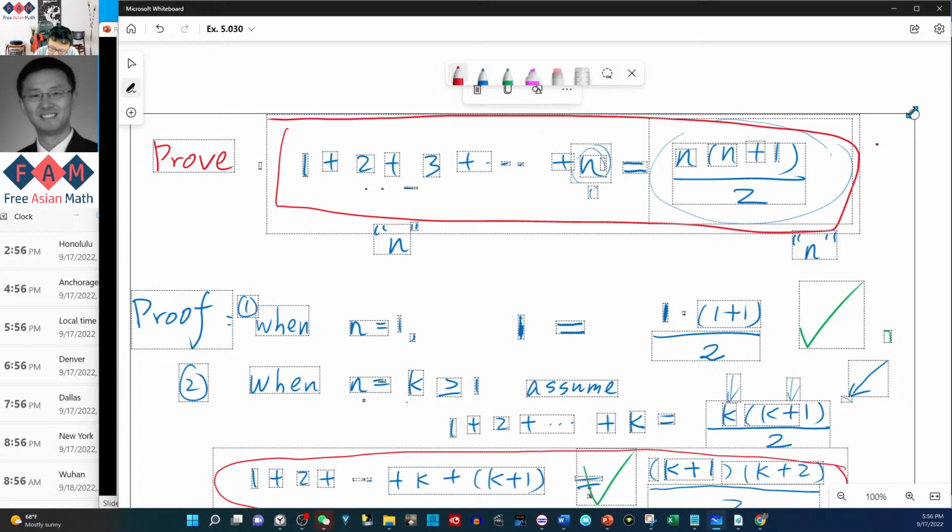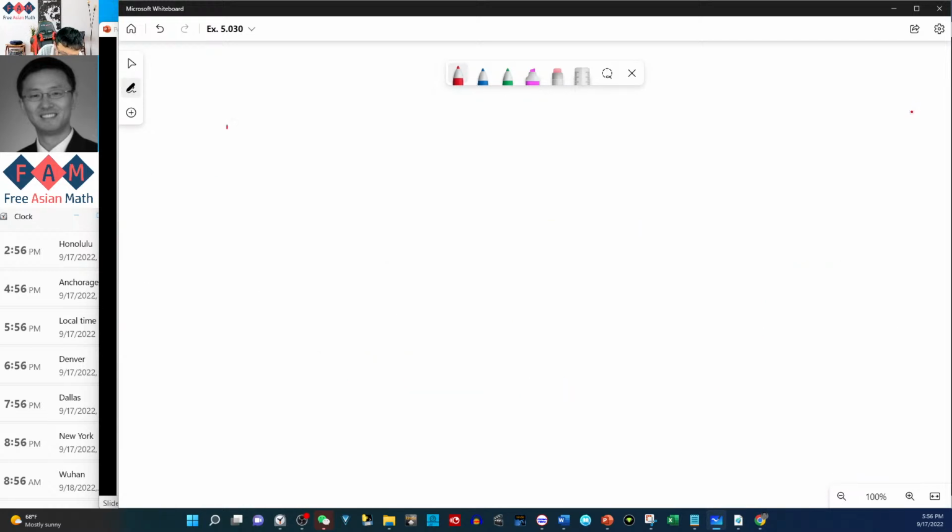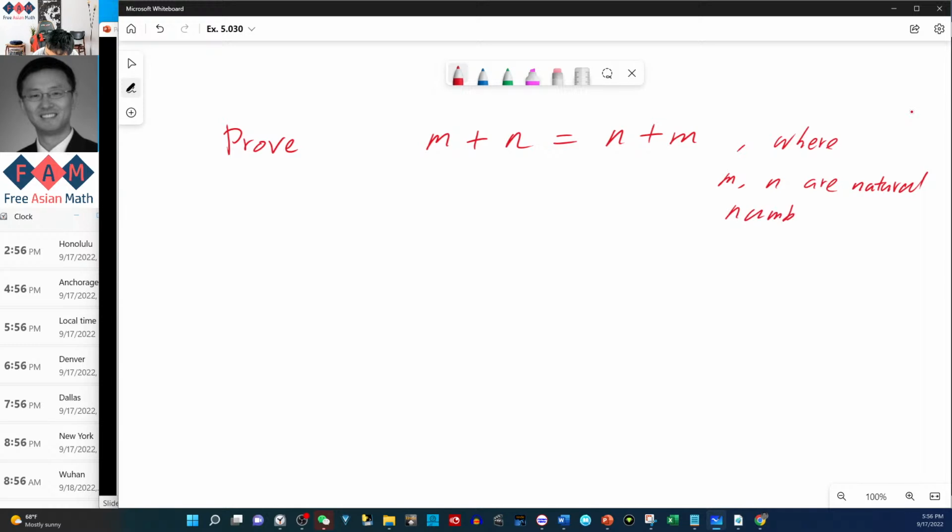So, we want to prove m plus n equals n plus m, where m and n are natural numbers. Okay? So, how do we prove this with mathematical induction?